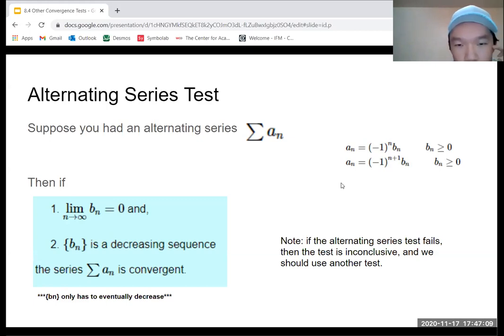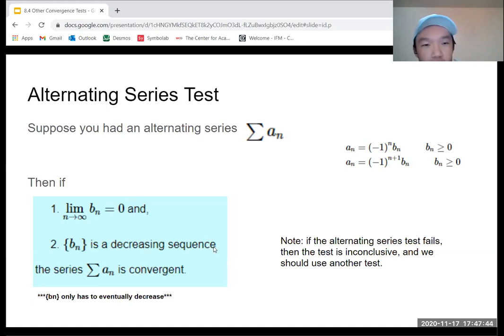All right. So before we look at some examples, just a couple of notes about this test. Number one is that if this test fails, you cannot just say that an alternating series is divergent, okay? If it fails, then you say it's inconclusive and you have to go on to use another test. And then the second note is that regarding condition number 2, when we say b of n is a decreasing sequence, it doesn't have to be decreasing all the way.